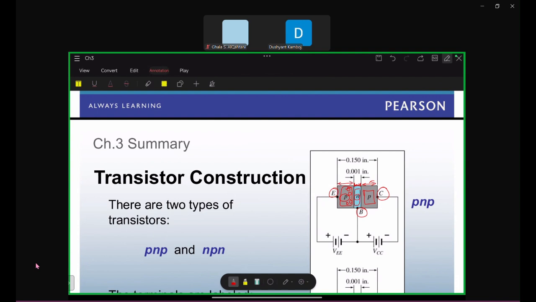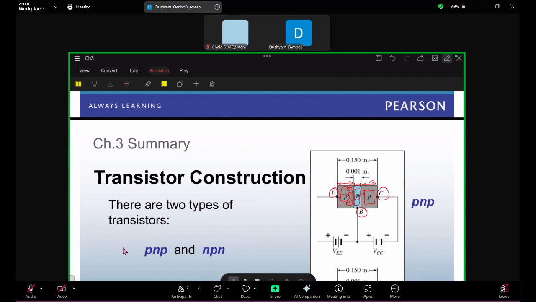Remember that thing. He will bring the question in MCQ from this one, or not MCQ, true false, right? I remember last year I taught Latifa and Manal, and he brought this question: which one has the smaller width? That is the base, right, Gala?